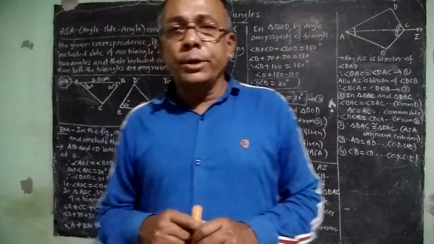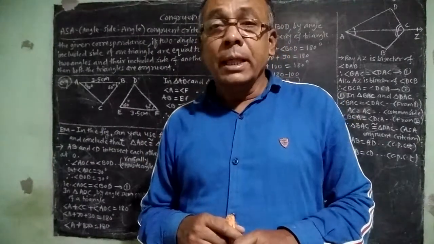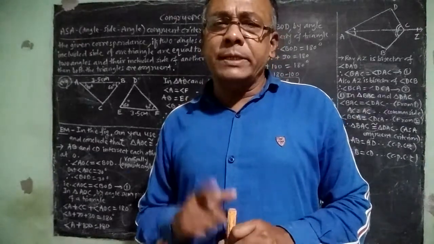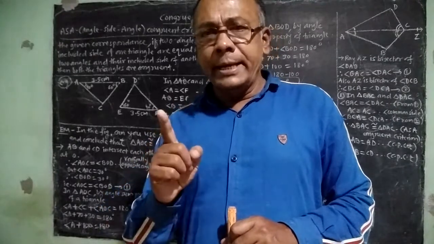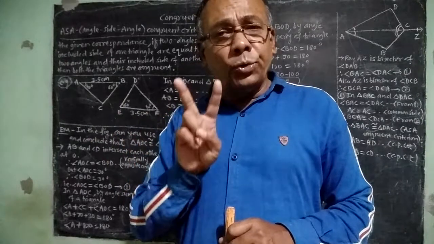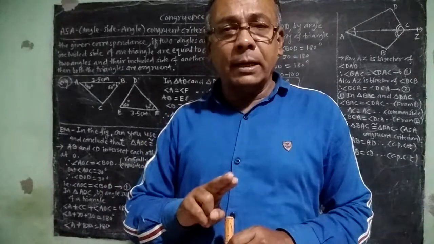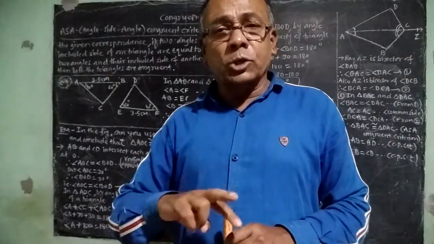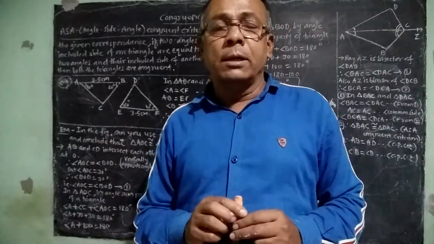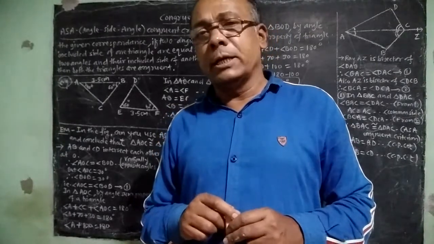Now we are going to study our next criteria, that is ASA criteria. ASA means angle, side, angle. Two angles and their included side of one triangle being equal to corresponding two angles and their included side of the other triangle means both triangles are congruent according to ASA criteria.